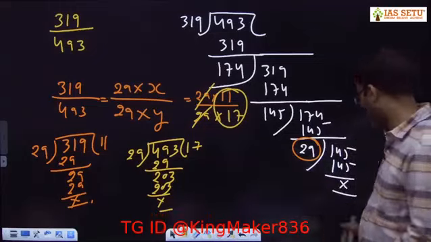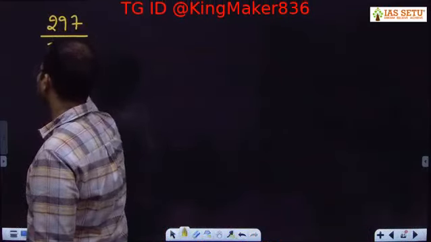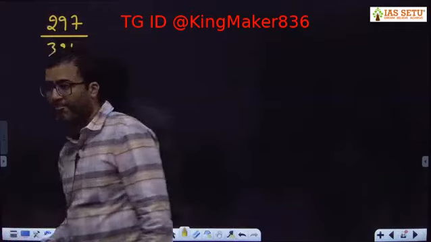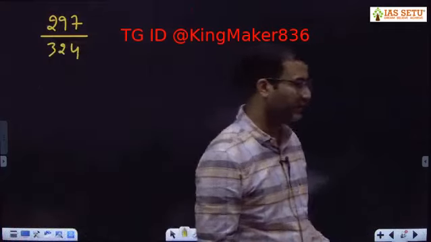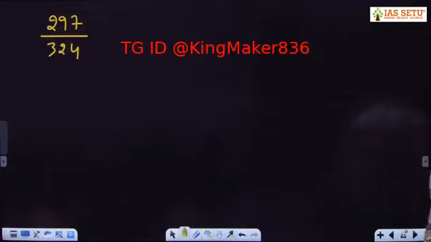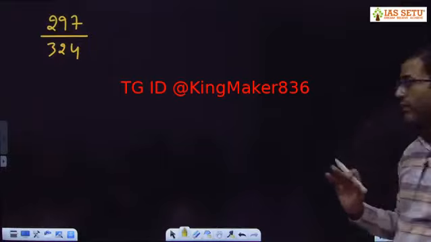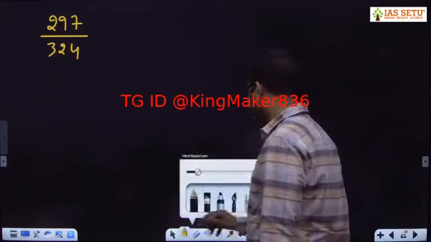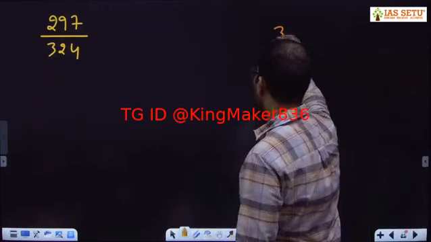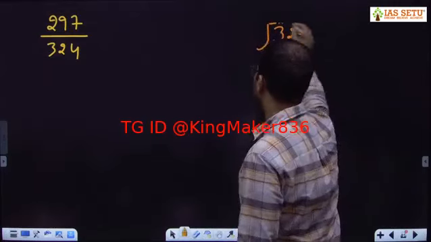My question is 297 upon 324. We have to simplify this. Here you can take common factor and cancel out, or directly you can take the highest common factor. To find HCF, we use the division method. Means we divide the larger number by the smaller number.